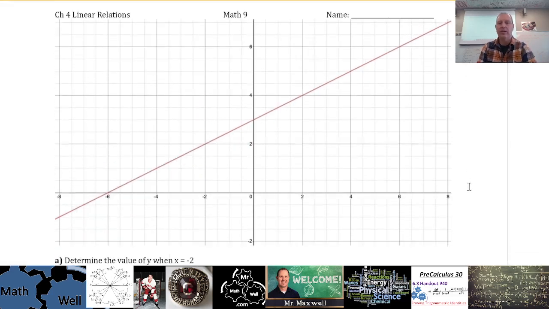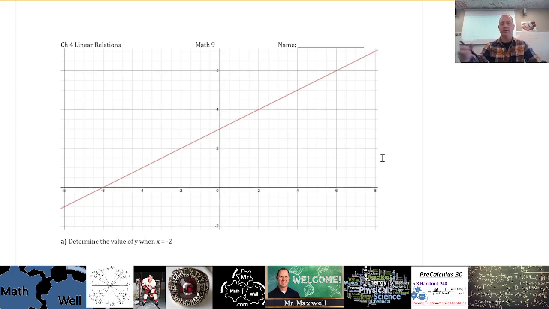Okay, so this is the really easy part of this section, honestly. When x equals -2, we know that the x values are on the horizontal axis. And so what I need to do is find -2 on this x-axis. It's right here. This is where -2 is. And so when x is -2, the y value will be up where the graph is.